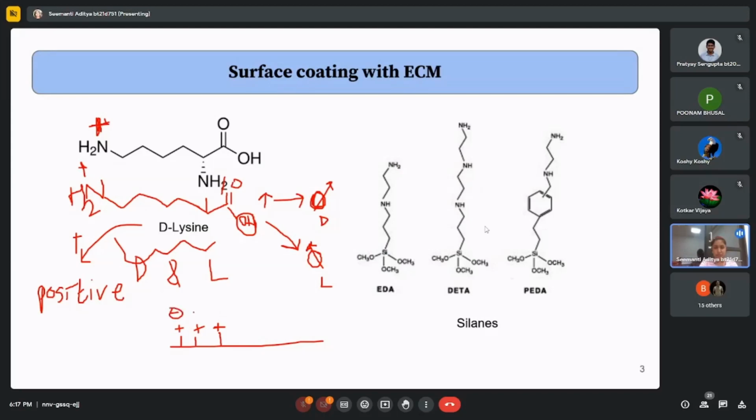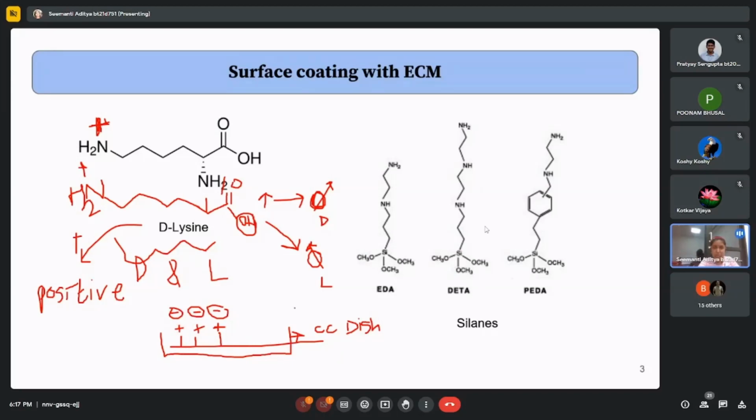So, when poly D lysine is coated on the surface of the substrate, suppose this is the plate or the cell culture dish, and we have the polylysine coat on it. The polylysine coat will be attracted towards the negatively charged membranes of the cells, and the cells will interact with poly D lysine through the negatively charged membrane, and as a result the cells adhere on the surface of the substratum.